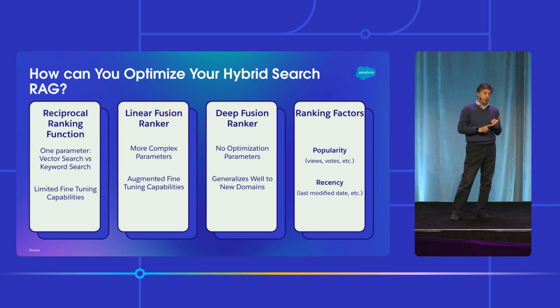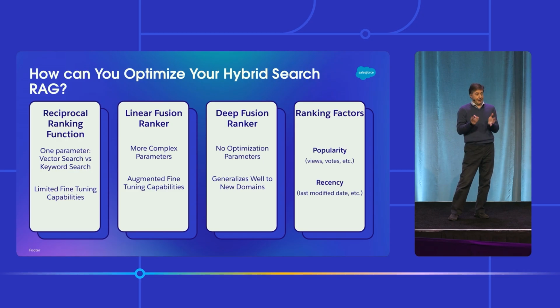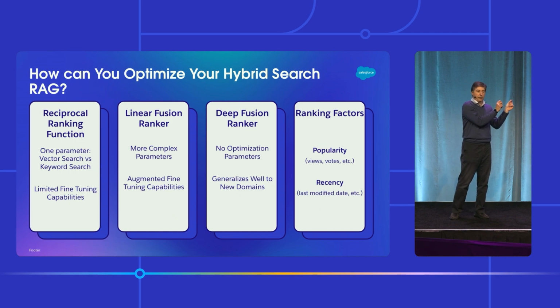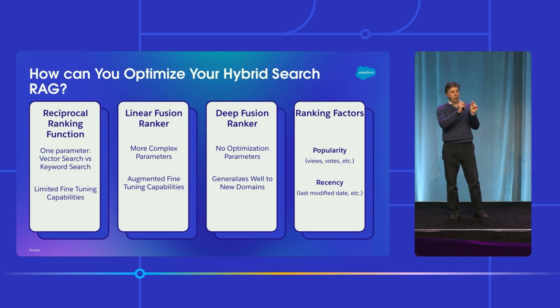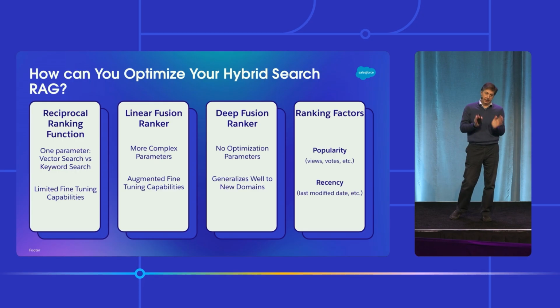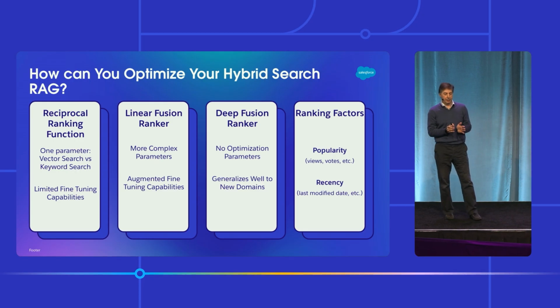The reciprocal ranking function that Anup showed is a simple function where you basically have one parameter, which is how important you consider vector search versus keyword search. If you go more toward 0, you go more toward vector search. If you go more toward 1, you go more toward keyword search, okay? Simple to use, but limited in terms of potential.